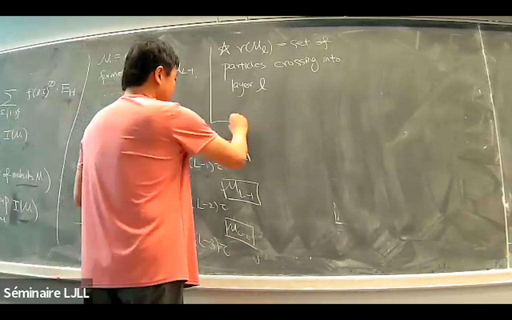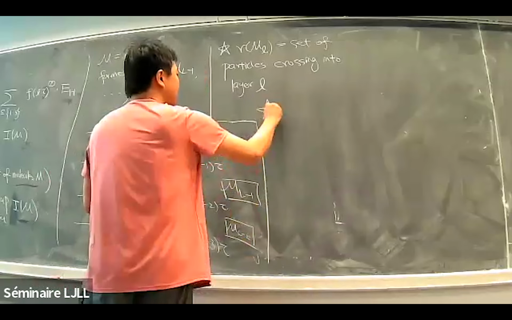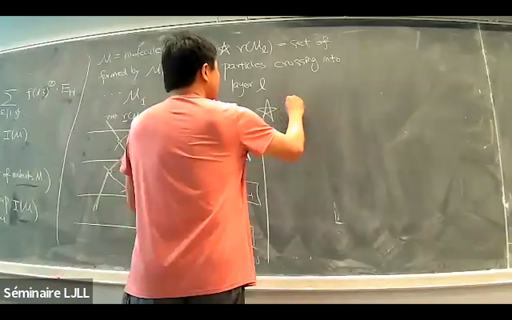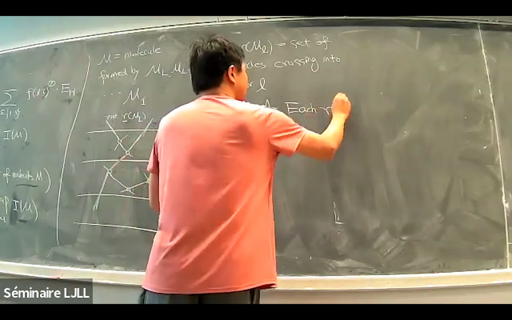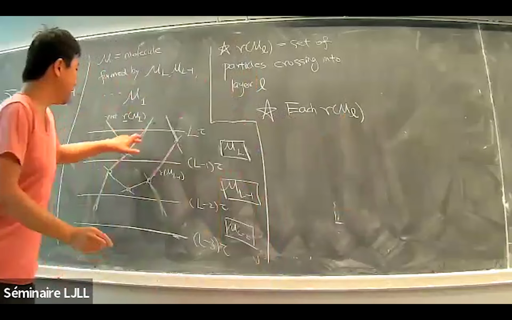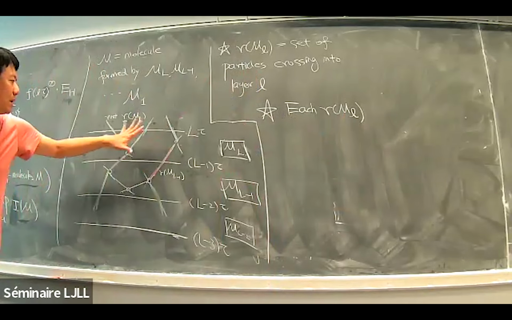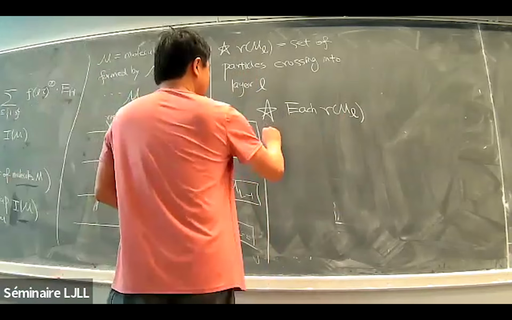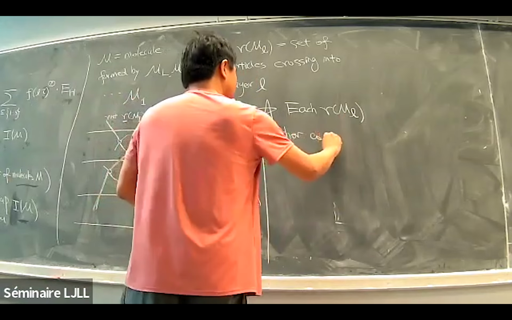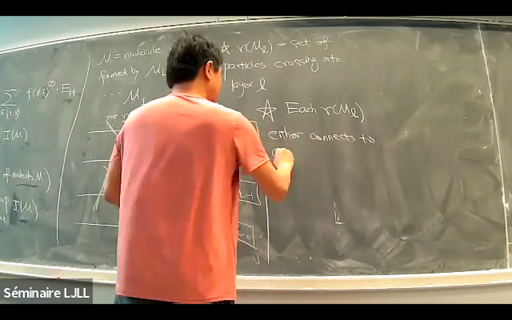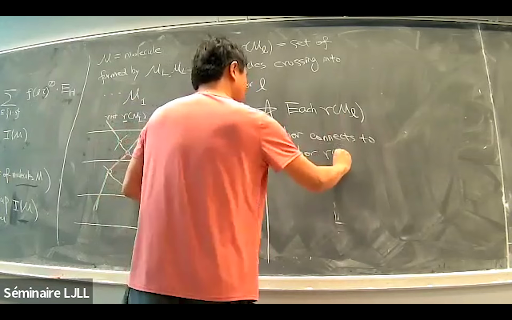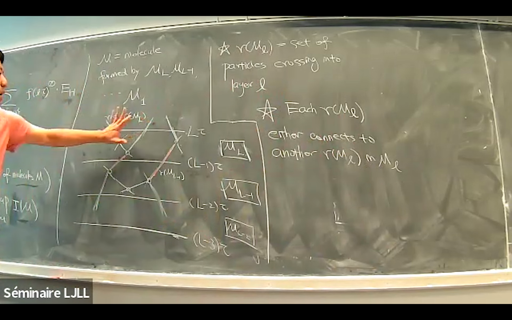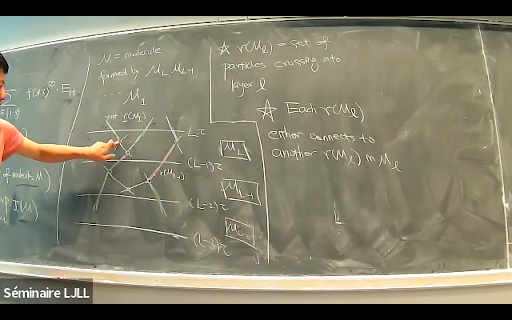Okay, and then at the end of last lecture, I also mentioned this important property of the molecule, that is, in each layer, each of the blue ones in R of ML either connects to another blue one in this layer L. For example, this blue one connects to this blue one within this layer L. They're connecting, going down here.